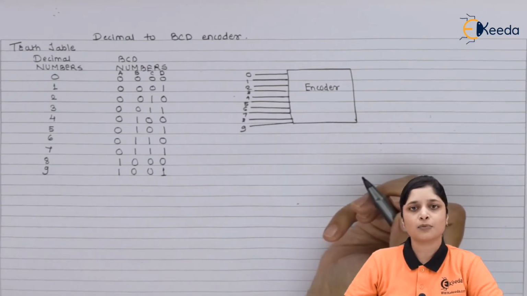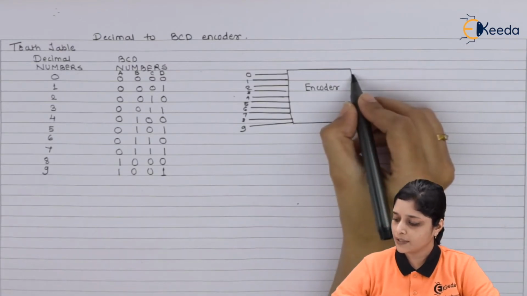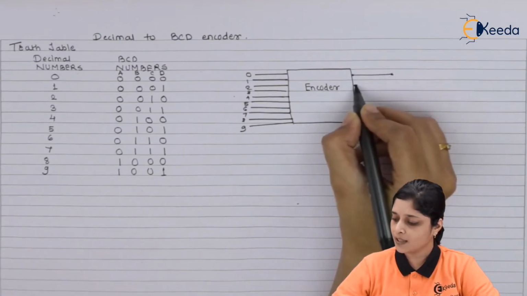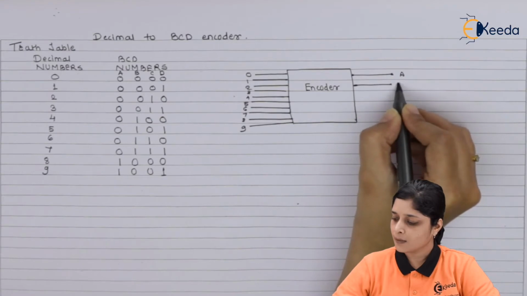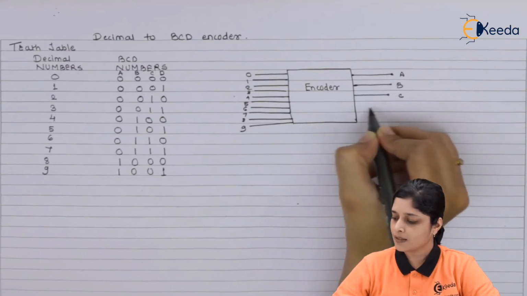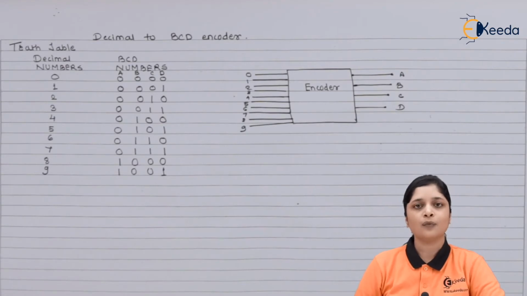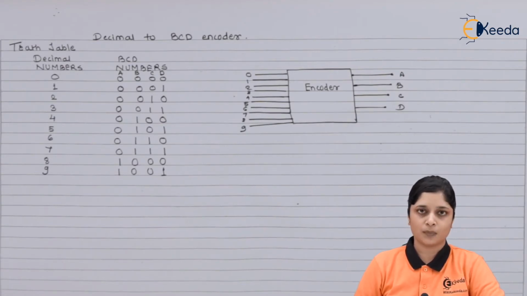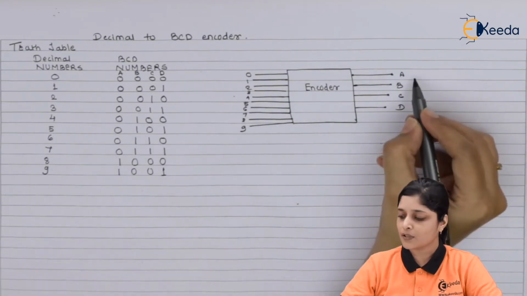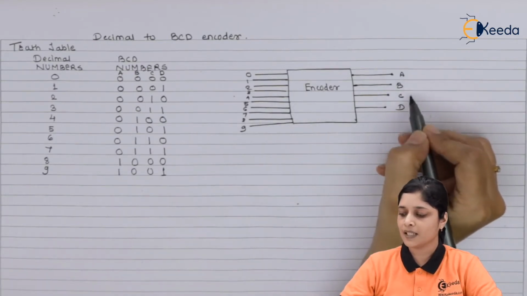All these are the inputs to the encoder, and you have 4 outputs: A, B, C and D. Now you want to derive the equations for the outputs. Your aim is to get the equation for A, B, C and D.